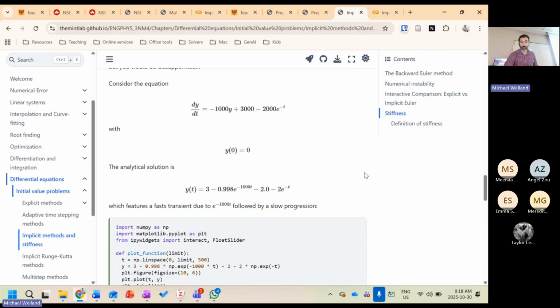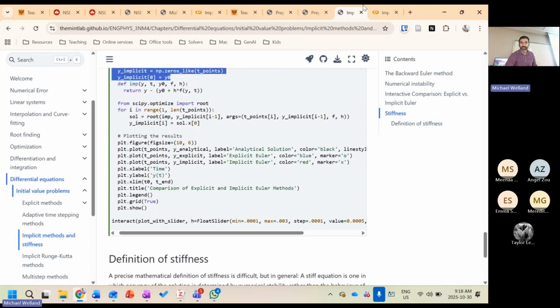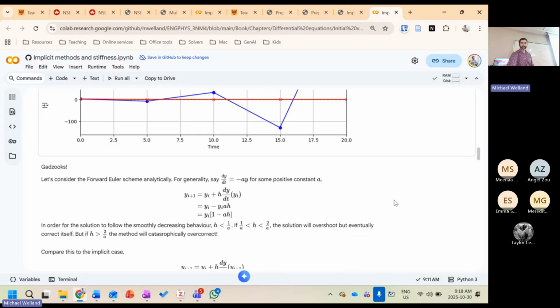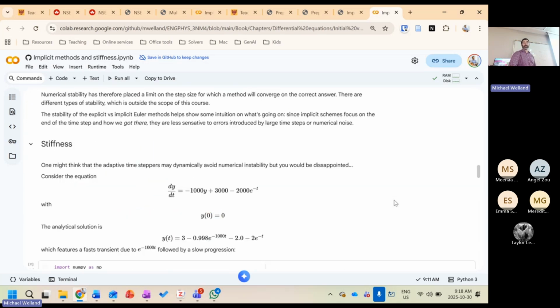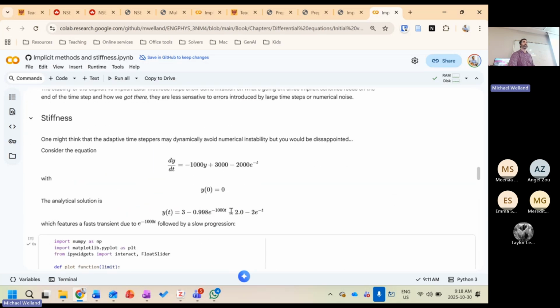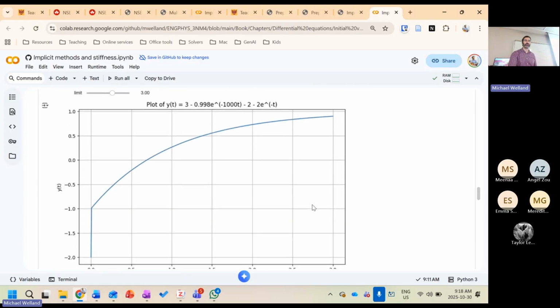And even worse, back to the Colab. You might be tempted to think, so here's our differential equation, here's our analytic solution. I'm not going to get to implicit Runge-Kutta. Have to pick that up tomorrow.